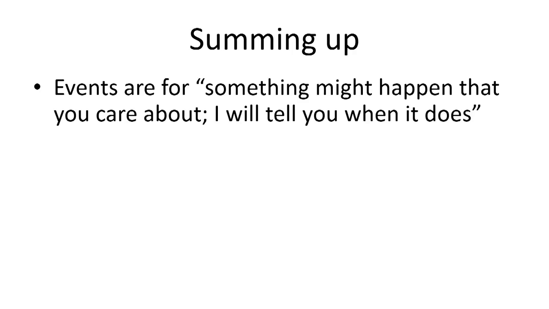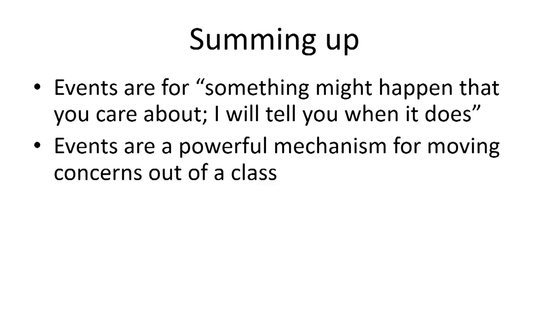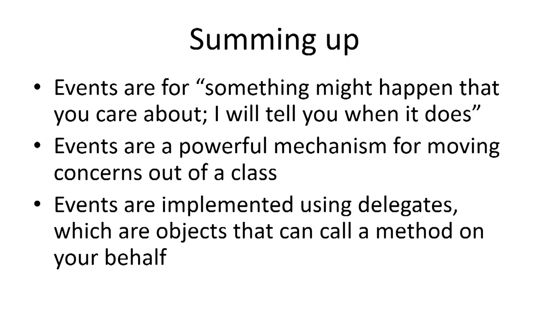You should call this method when that happens. Events can be used to move concerns out of a class, to say, well, this class only has one responsibility, and if something of interest happens, that class can simply call another class. Let it know, hey, this thing happened, you might care about that, you go do your thing. And finally, events are implemented using delegates. Delegates are objects, and they can call a method on your behalf.